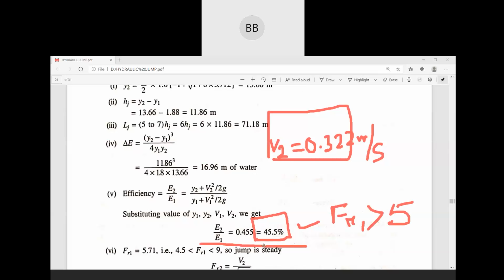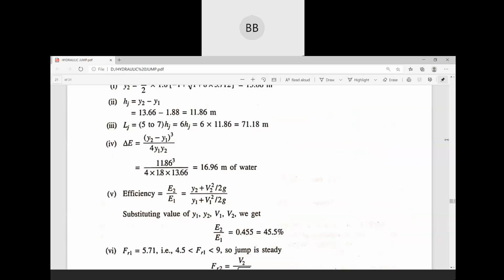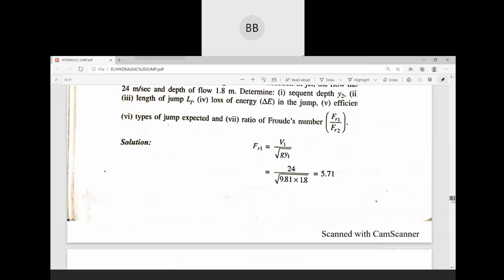So that means our Fr1 value is greater than 4.5 and less than 9. If your Fr1 value is greater than 4.5 and less than 9, then our jump is a steady jump. If you don't remember, you have to go back to the types of jump.